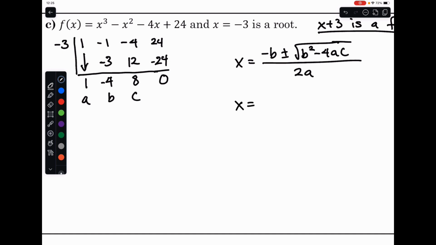So the negative of negative 4 is positive 4, plus or minus negative 4 to the second power, which is 16, and then minus 4 times the value of A times the value of C, divided by 2 times the value of A, which is just 2.